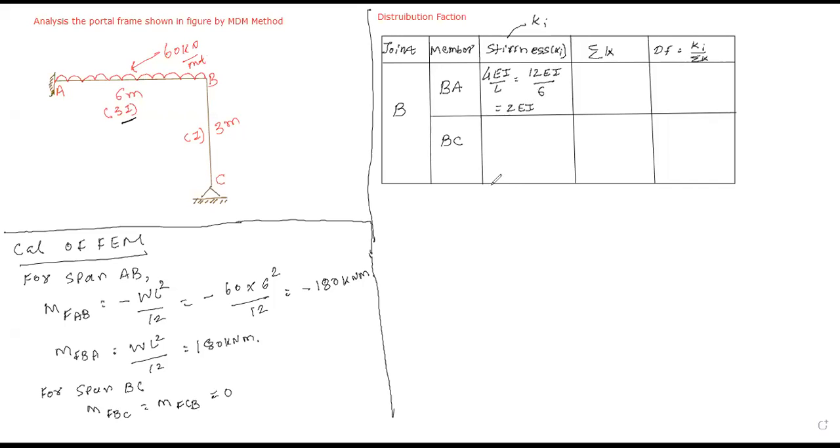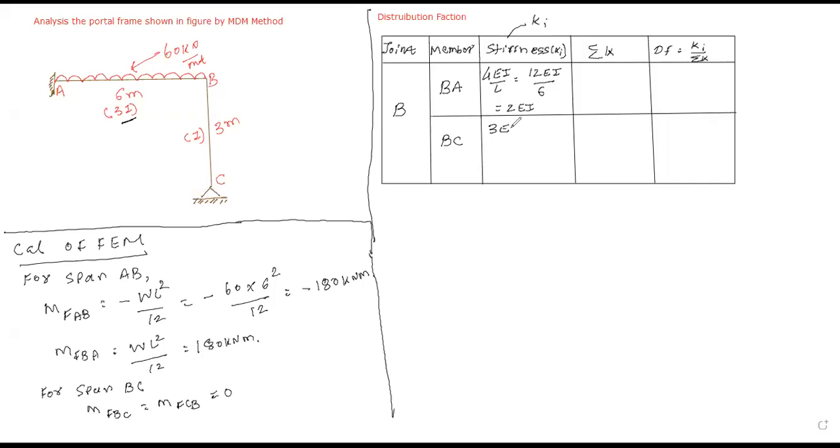Fine, fantastic. Next, for a junction C, suppose I stay at point B. What is your far end at point C? Write down in chat box, and write down the value of the stiffness for the BC member. Yes, good. If your far end is a hinge, what is the value of stiffness?